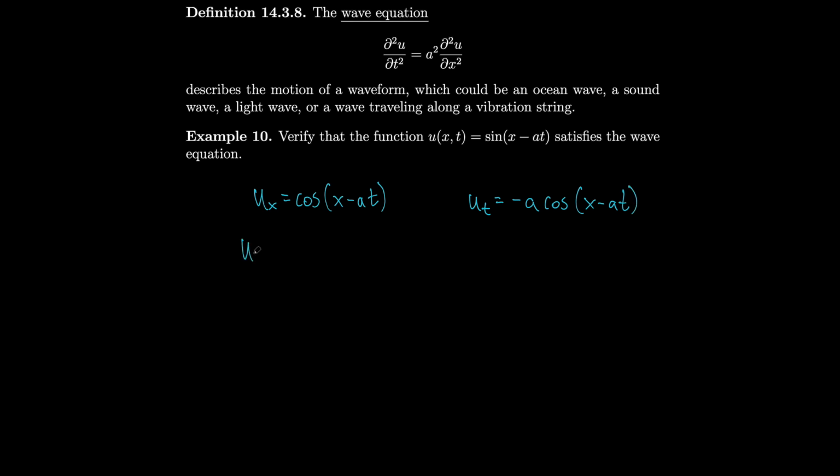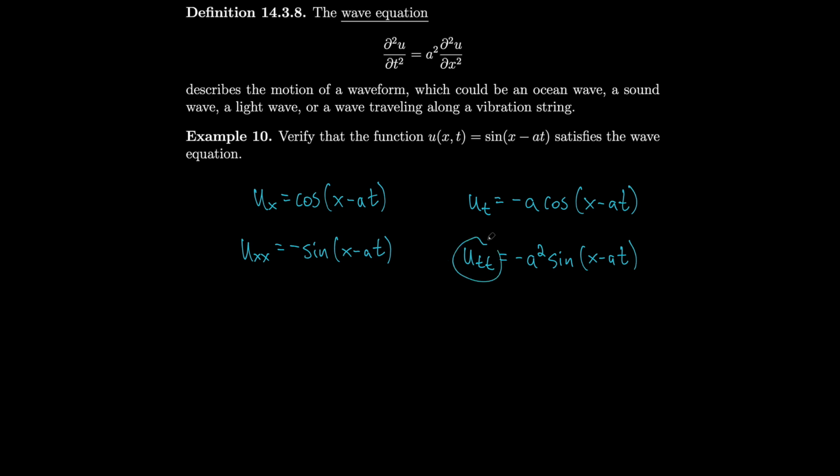Okay, how about we take the second partials? This was minus sine of x minus at, just the derivative of cosine. And then the second partial with respect to t is equal to, well, this a hops out again, minus a, so I get minus a squared times the sine of x minus at, because this minus hops out and cancels, but then the derivative of cosine is minus sine.